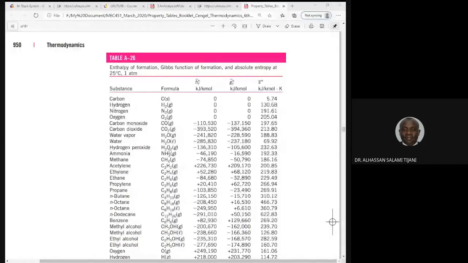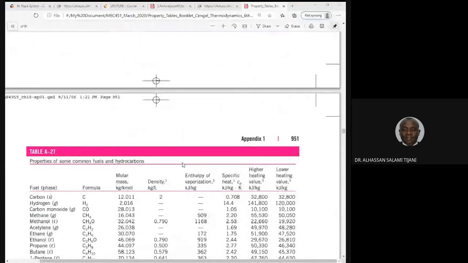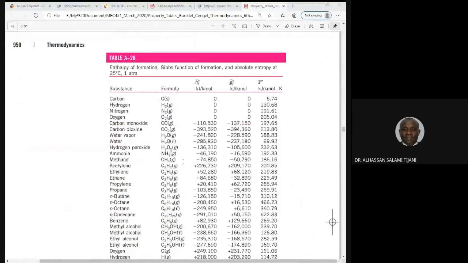Yes, so let me upload this. Yes, so this is the table I'm talking about.